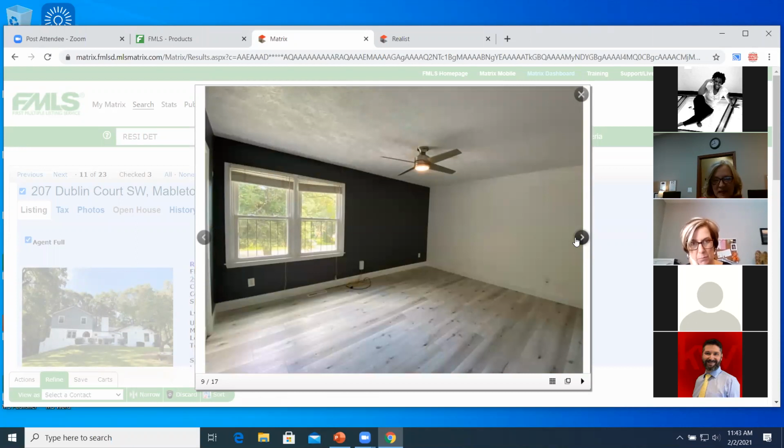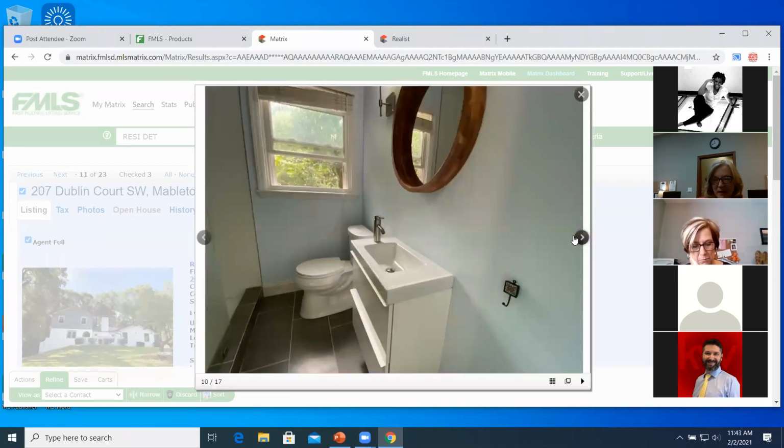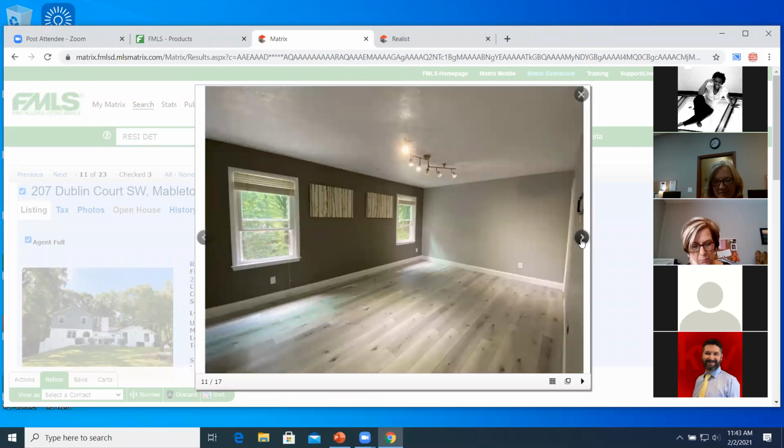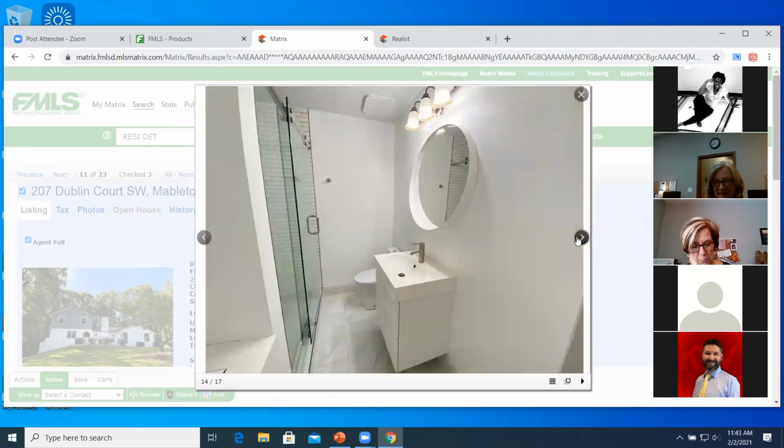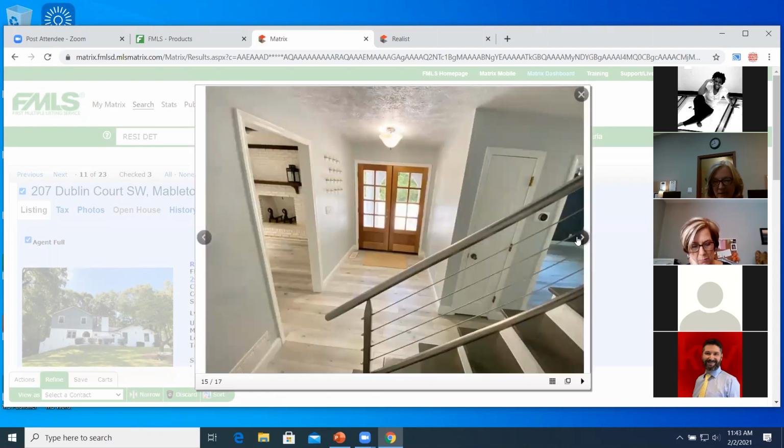Yeah, they painted them. But I mean, it's updated tile floors and that little sink. So yeah, this one's got some updates. Mostly cosmetics. It's kind of cool, the new modern staircase thing.